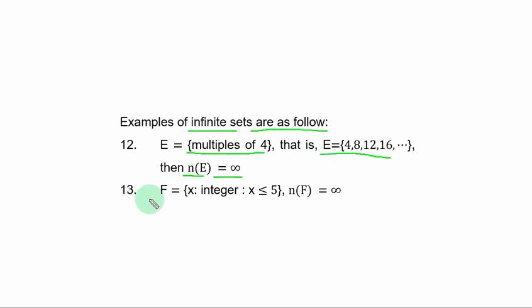Example 13, set F equal to S such that S is less than or equal to 5. All the numbers less than or equal to 5 cannot be listed. The list is endless. So number of elements or members in set F is equal to infinity.